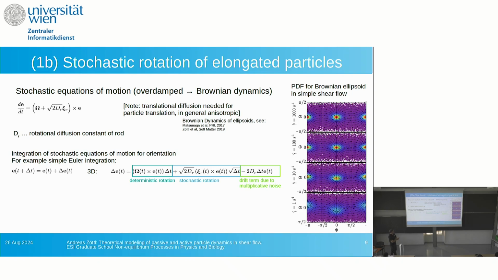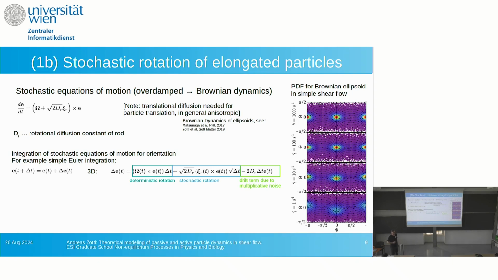So at very high shear rate, the probability density function looks the same as without noise. But when I go down, down, down, noise becomes more and more important, and there is more and more stochastic reorientation, and these peaks flatten out more and more. Also, there is a nice effect that it breaks this kind of symmetry in theta, but I don't have time to talk about this.